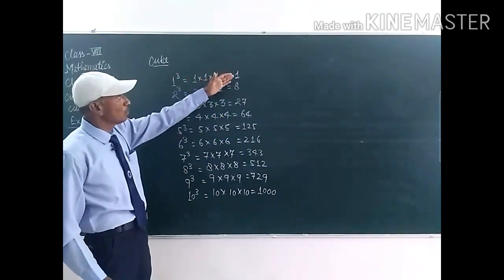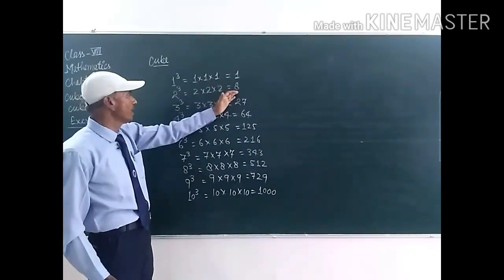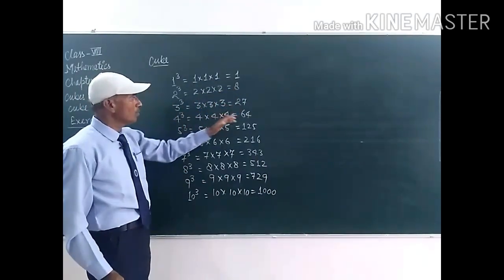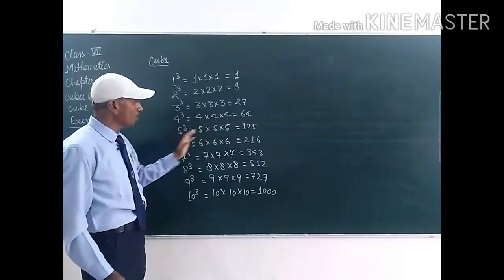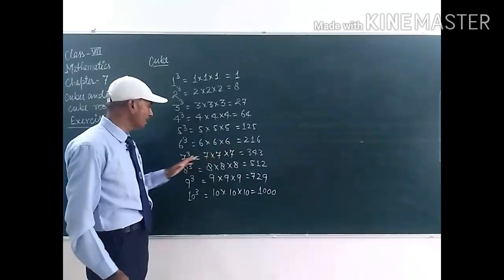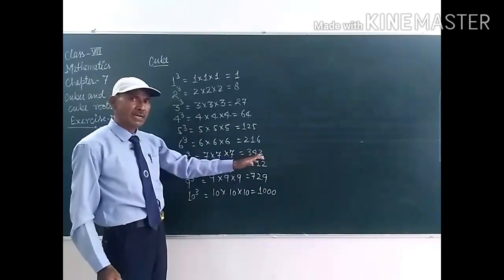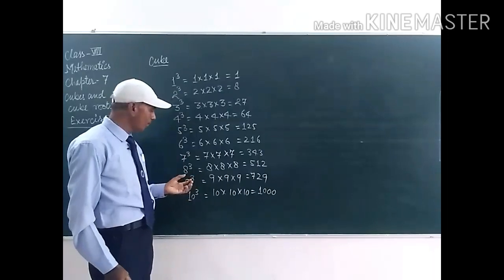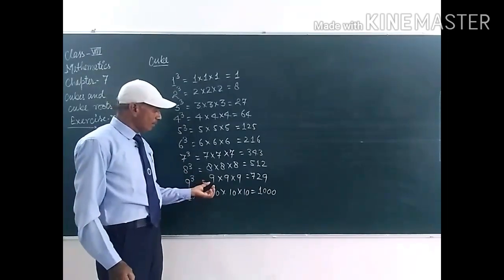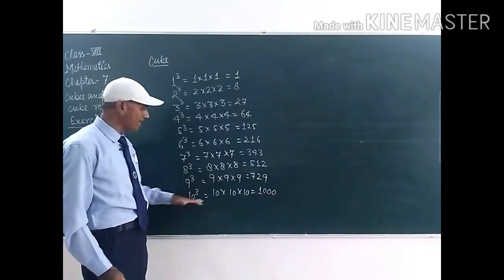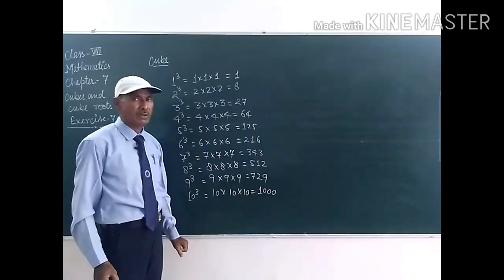1 cube is equal to 1, 2 cube is equal to 8, 3 cube is 27, 4 cube is 64, 5 cube is 125, 6 cube is 216, 7 cube is 343, 8 cube is 512, 9 cube is 729, and 10 cube is 1000.